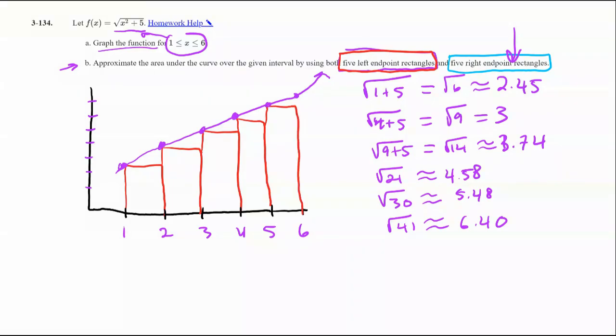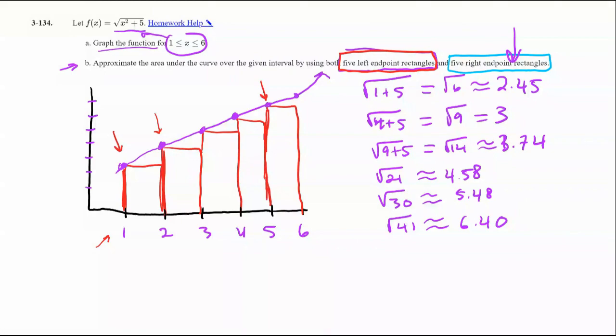Two things to notice here. First of all, the left side, so my first x value and my first y value, gives me my height on the left side. Then the second value that I have here is my second height. And then we keep going until we get to the last one, my 5th rectangle, my 5th height.